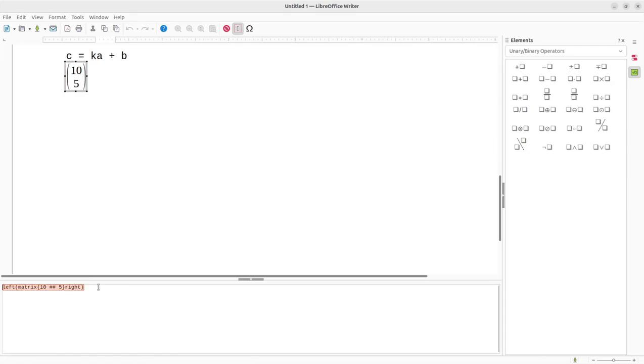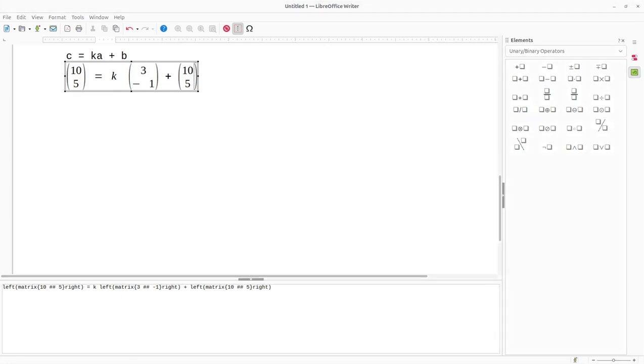So this is equal to K times matrix A. Matrix A is 3, -1. Then plus matrix B. What is matrix B?